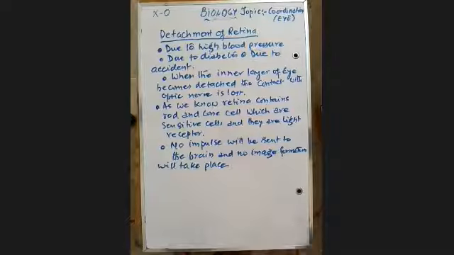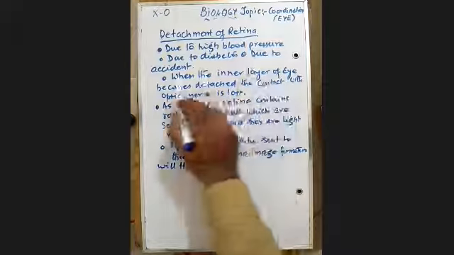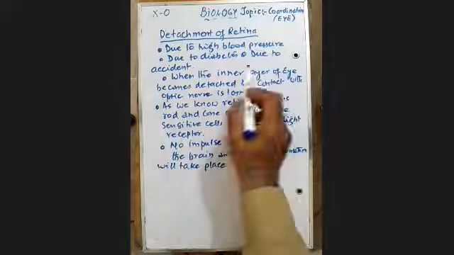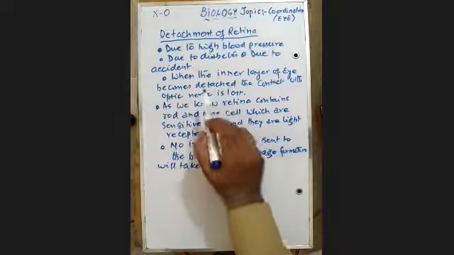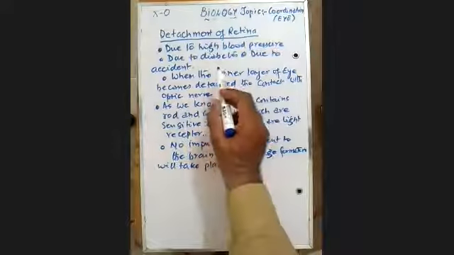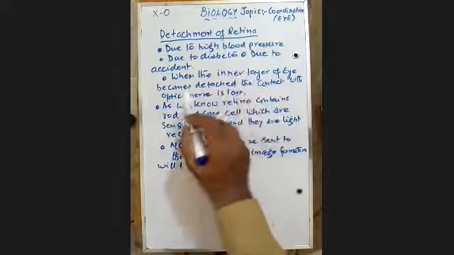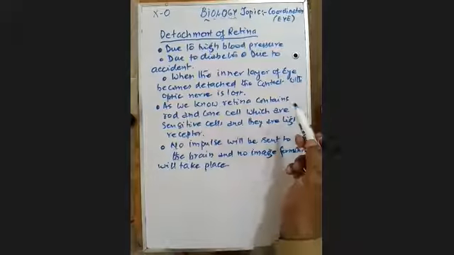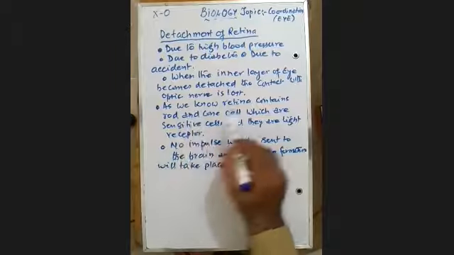So this was the question. Usually the question asks what are the reasons for the detachment of the retina? I've given three reasons: high blood pressure, diabetes, and accident. Due to these, the inner layer becomes detached and contact with the optic nerve is lost.